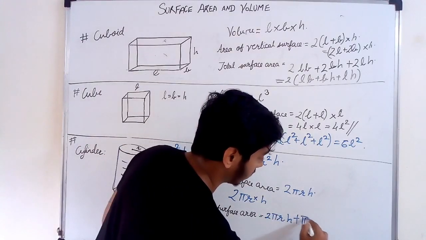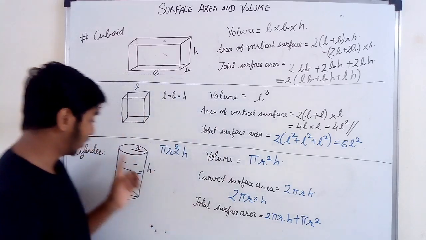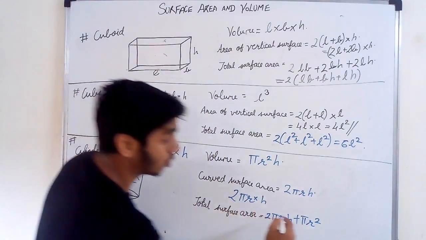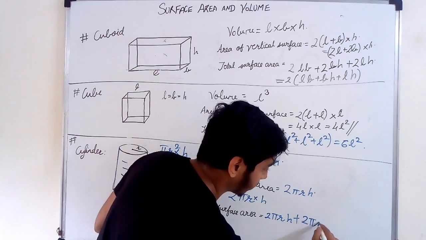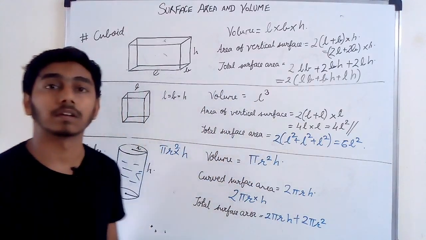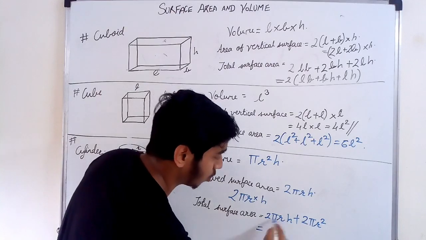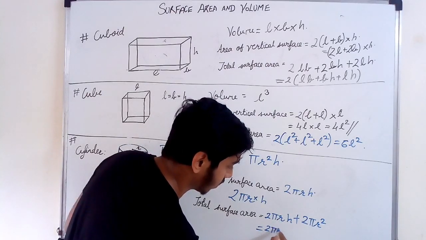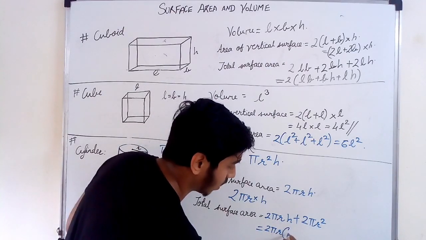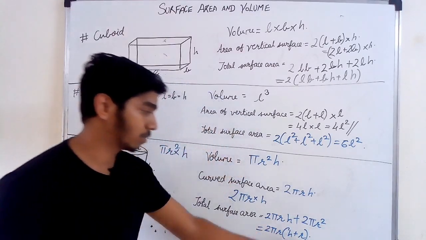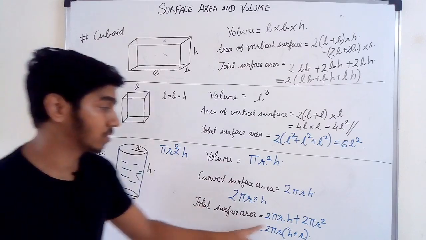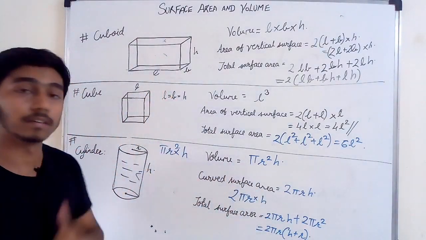So just add pi r square twice, so 2 times pi r square. Take 2 pi r common. What do we get? 2 pi r comes out, and here you get h, and here you get r. So this is how you get the total surface area of a cylinder.